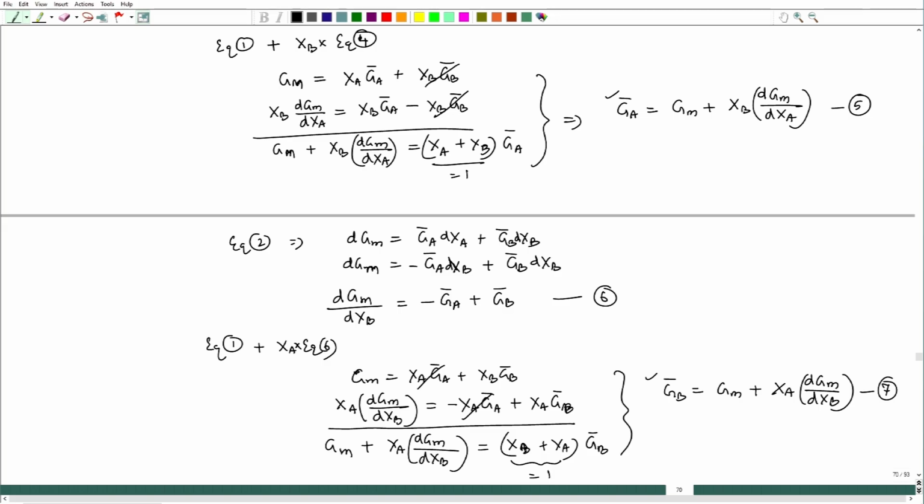that can be found out with reference to the molar free energy of the solution, as well as the composition at which we are trying to calculate that partial quantity, and the slope of the GM plot, GM the mixture, that molar free energy of the solution, when we plot it with reference to composition at constant pressure and temperature.